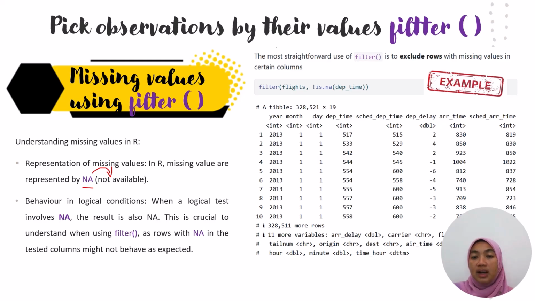For example, filter flights, and then you put the operator is.na, where NA means not available or missing value, in departure time. So you want to see the missing values in the departure time. This is the result for the missing values using filter.